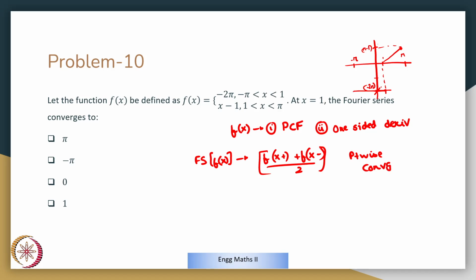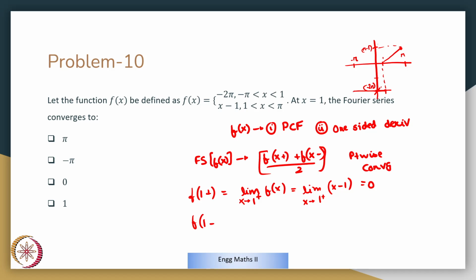In our case, this turns out to be f of 1 plus, which is nothing but the limit as x tends to 1 from the positive side of f of x, that is x minus 1. So this is 0.